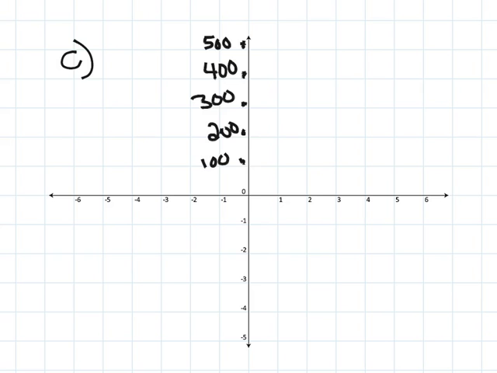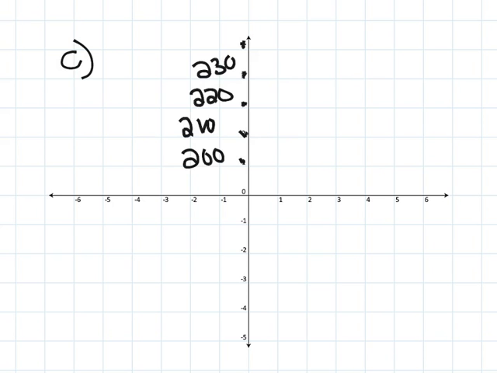At 0 years, you were sitting at 200. For your graph, you'd be expected to have a better scale than this. I don't have much room, so I'm going to just adjust so that you can see what it would look like.